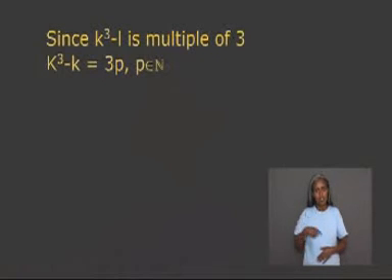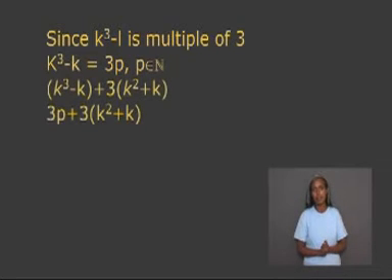Since we assumed that k cubed minus k is a multiple of 3, k cubed minus k equals 3p, where p is part of the set of natural numbers. We may substitute the term 3p into our equation, giving us the equation 3p plus 3 times the sum of k squared plus k.